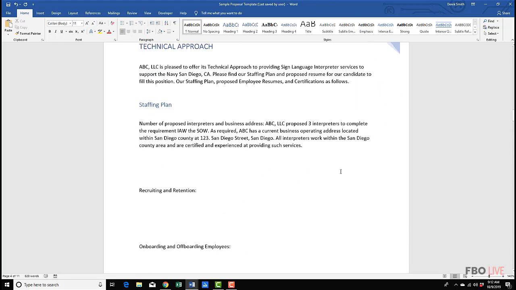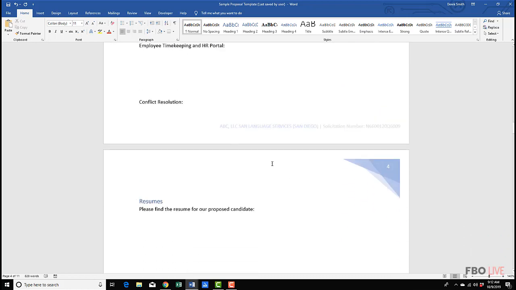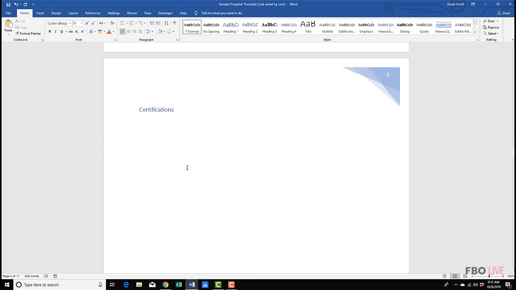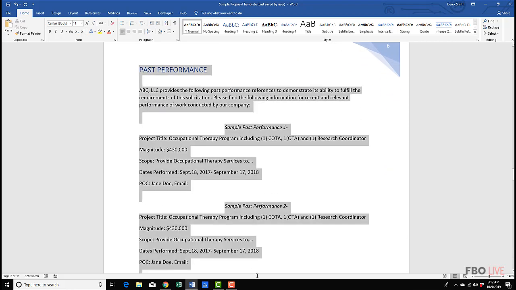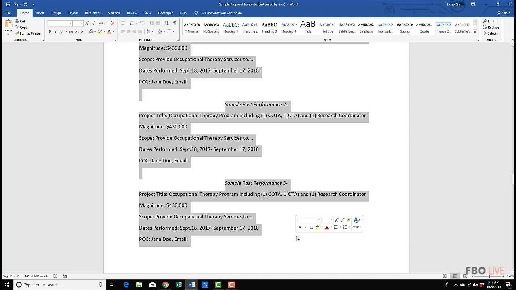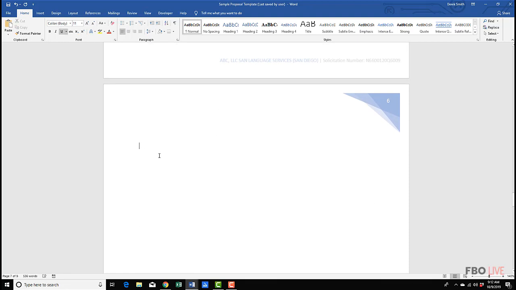So I think that's what I want to show you for some of those points in the staffing plan. Use the rest of the boilerplate. Resumes we've touched on, certifications we've touched on. Past performance, we're going to go ahead and delete that because they have not asked for it. If you want to put it in there, you can, but it's not an evaluation factor.